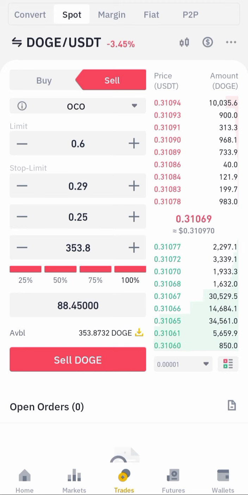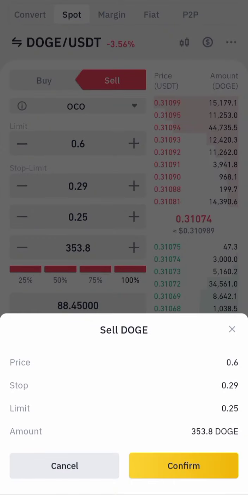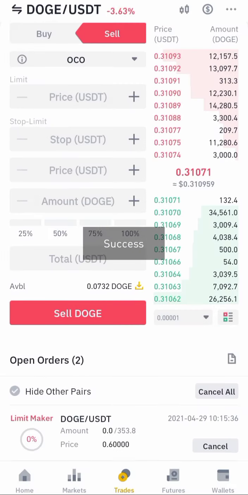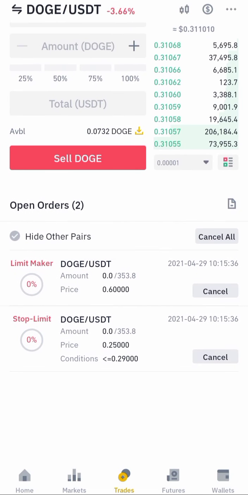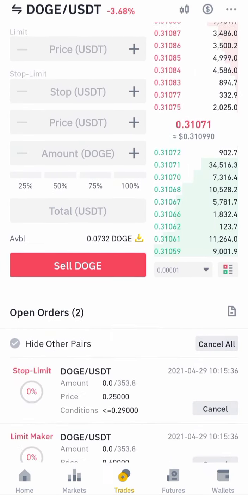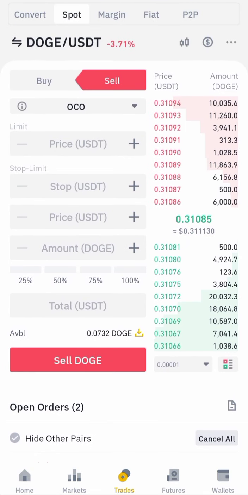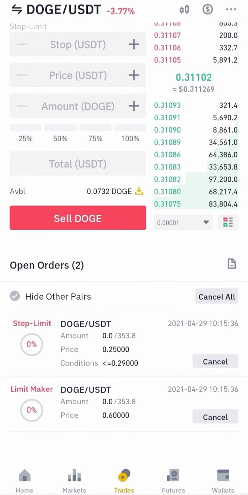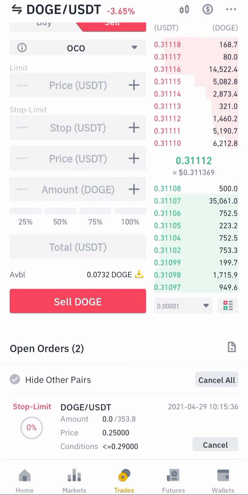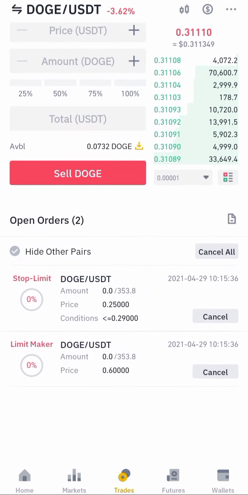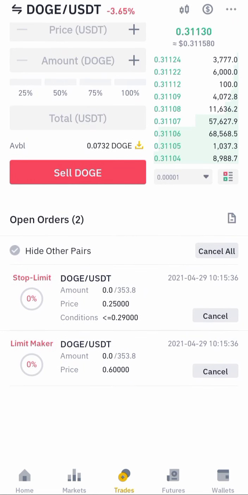If eventually Doge goes higher than our entering price, which was 0.31, then reaches 0.6, this order will be executed. Our take profit order, the limit order at 0.6, will be executed. And while it is being executed, this other one will be closed. That's why it's called one cancels the other.